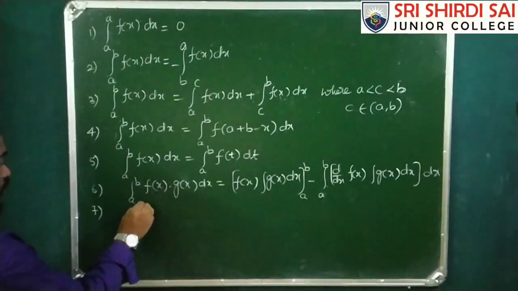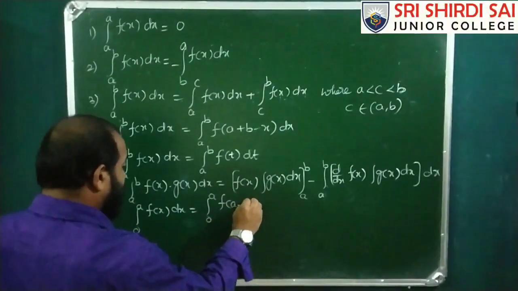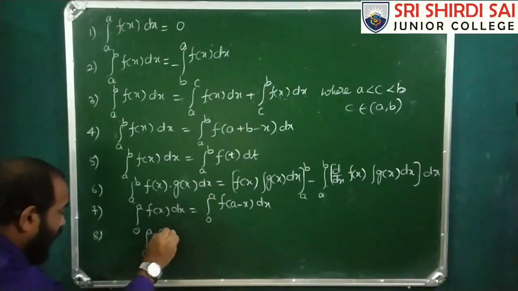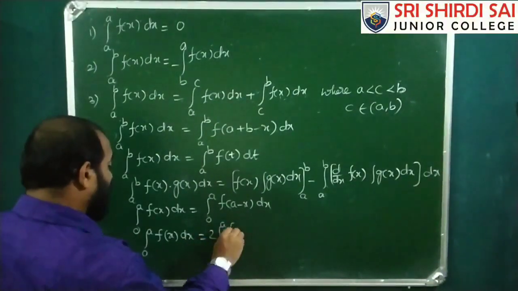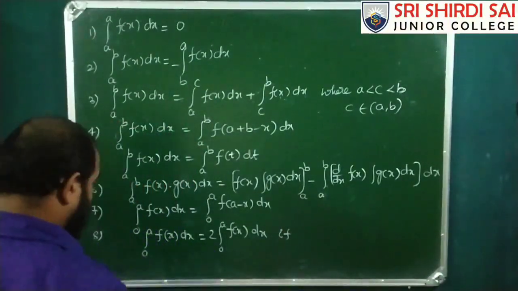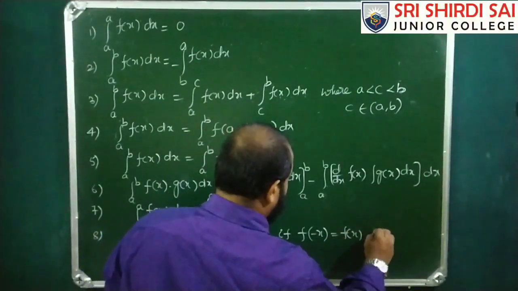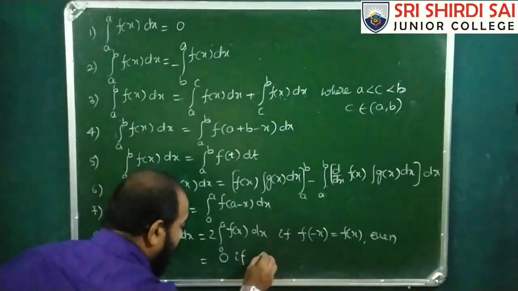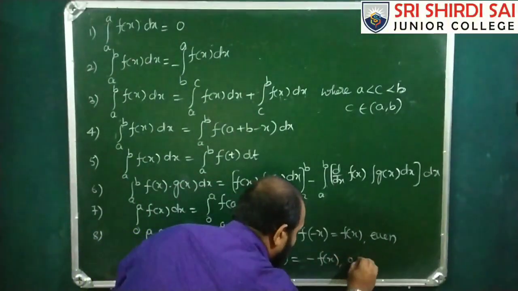Integral 0 to a f of x dx is equals to integral 0 to a f of a minus x dx. Integral minus a to a f of x dx is equals to 2 integral 0 to a f of x dx if f of minus x is equals to f of x, even function, and is equals to 0 if f of minus x is equals to minus f of x, which is odd.